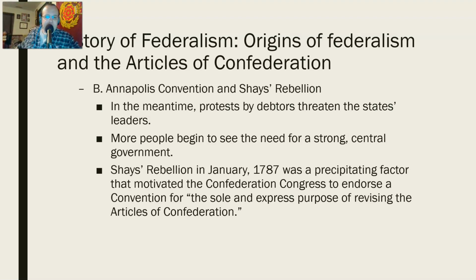So Daniel Shays' rebellion was certainly a precipitating factor that motivated the Confederation Congress to endorse a convention to revise the Articles of Confederation. And as you know, because we're now in 2021, they did much more than revise the Articles of Confederation.